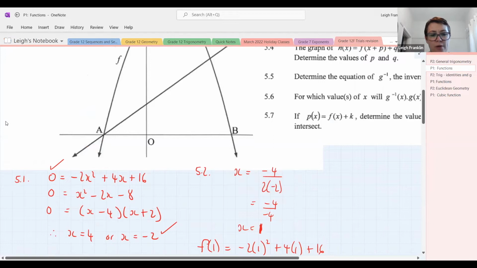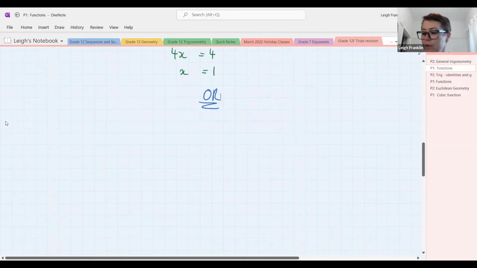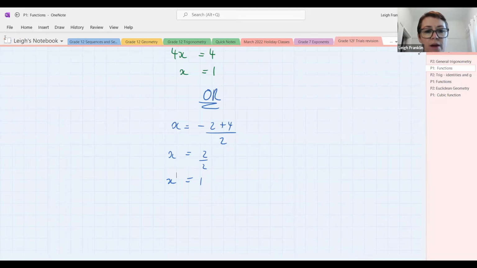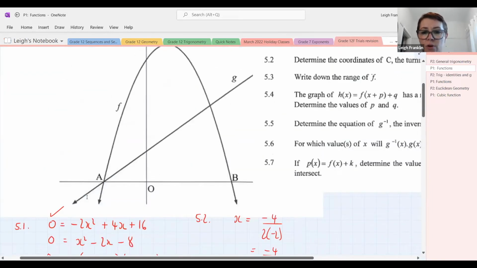At B, we know that x was equal to 4. So look at this. We can say x equals negative 2 plus 4 all over 2. That's midpoint formula. All right. So that's going to give us 2 over 2, which gives us 1. So that would be the other way that you could do it. Okay. So yeah, just be aware of that. There's many ways to answer that question.